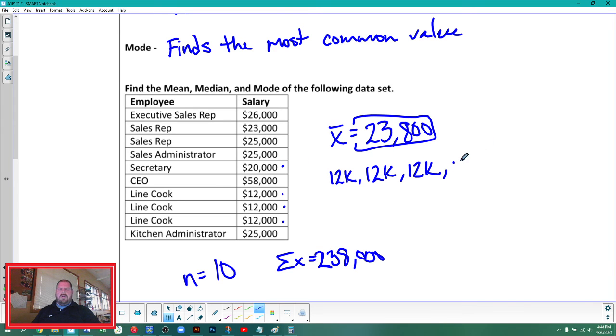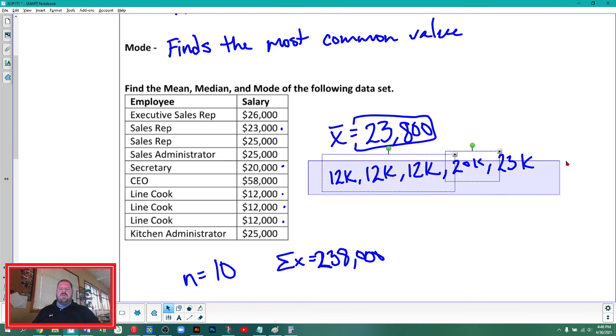I have a 20,000 next, then 23,000. I'm actually going to scoot these over a little ways.